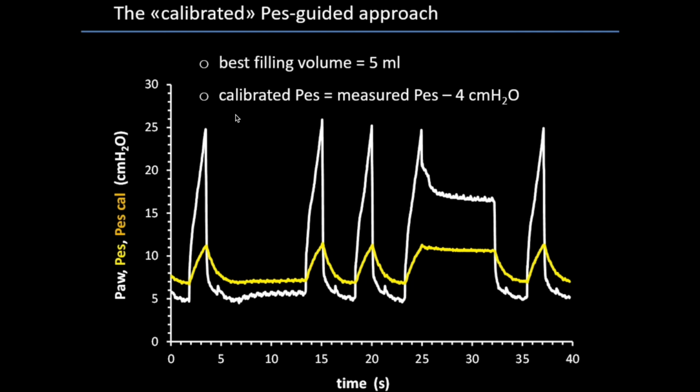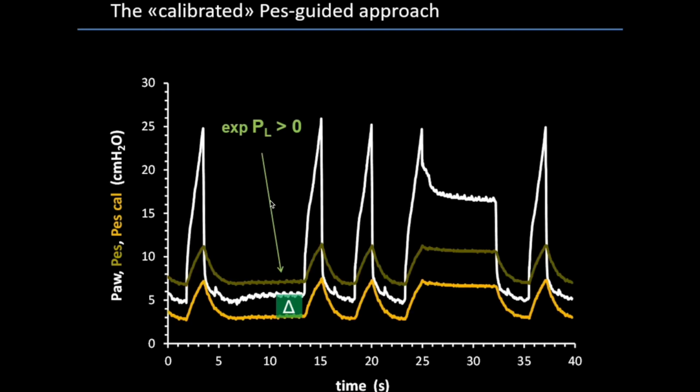So you calibrated the esophageal pressure, that is, measured pressure minus 4, since we are removing every ml beyond the 1 centimeter pressure. So now you can see that the values are down and they can now be used at bedside clinically.